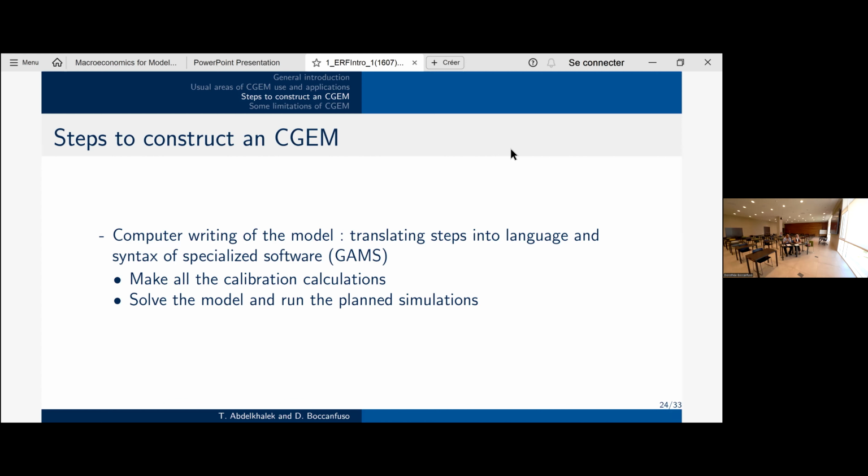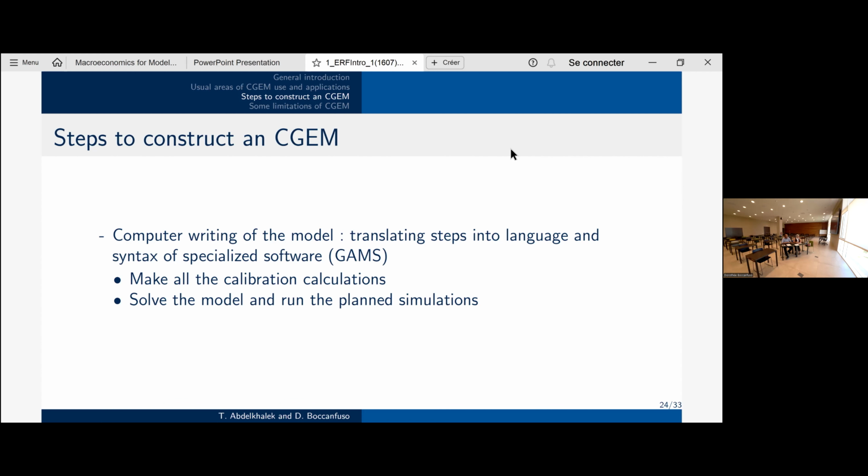GAMS is a General Algebraic Modeling System, and we have a small introduction to it tomorrow. It is powerful software to solve linear and non-linear models. In the software, we translate our model, make the calibration, solve the model for the reference year to reproduce the SAM, and after that, we can do simulation.